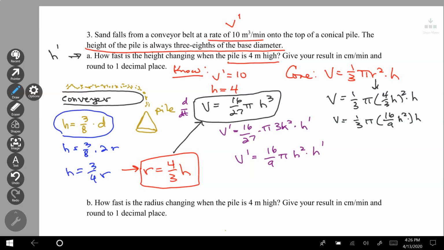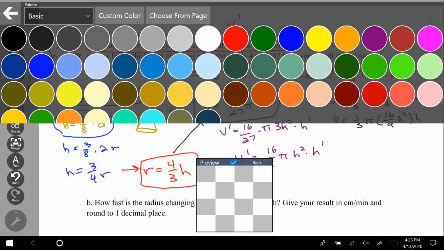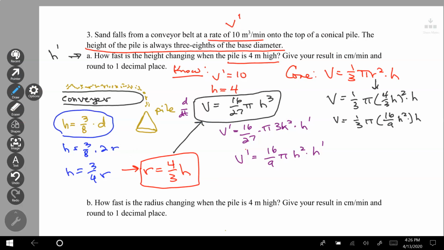And let's fill in with what I know. Well, what do I know? I know my v prime is 10. I have 16 pi over 9 times 4 squared times h prime.